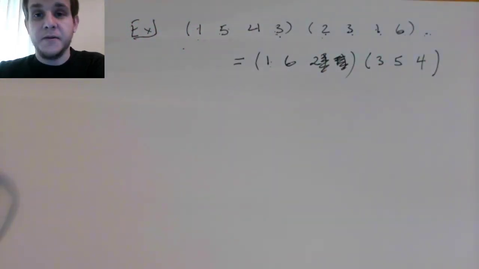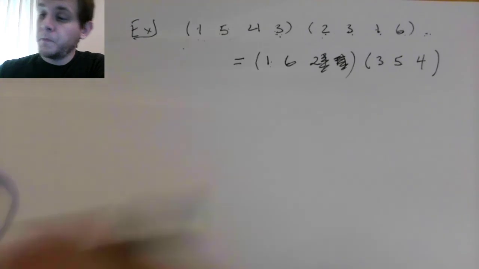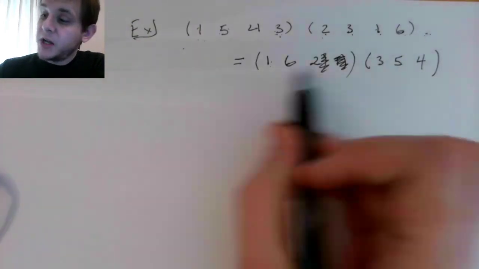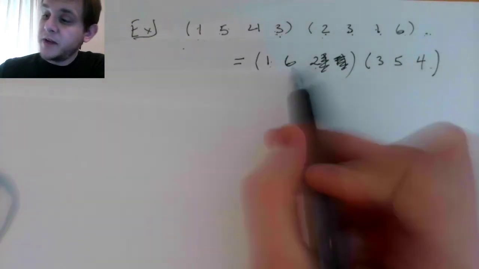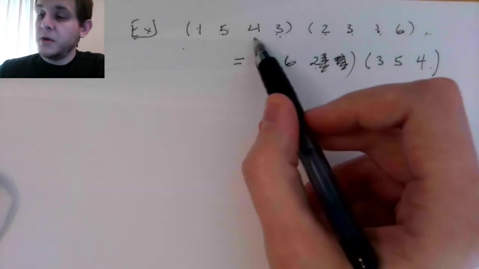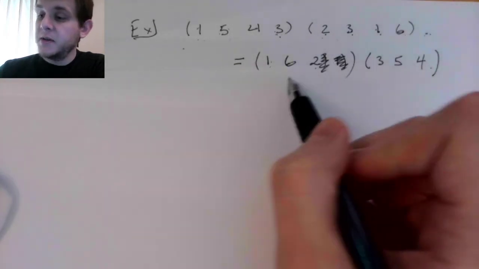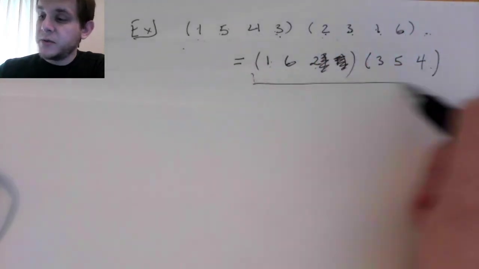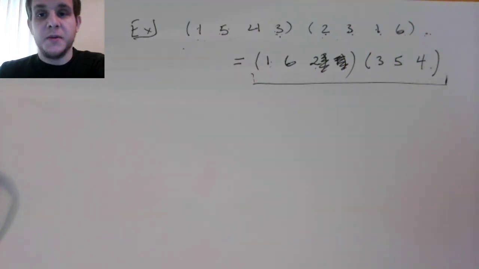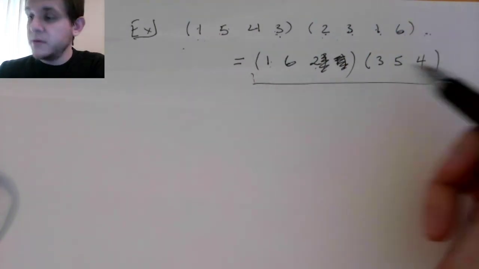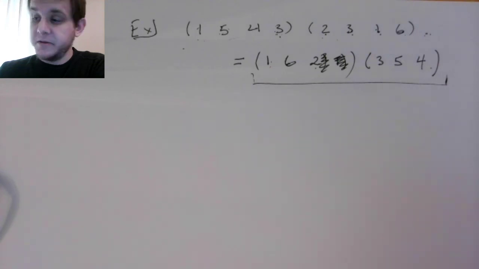So I have this cycle of length 3. And now I've listed all the elements, 1, 2, 3, 4, 5, 6. So the product of these two cycles has disjoint cycle structure given by 1, 6, 2 times 3, 5, 4.